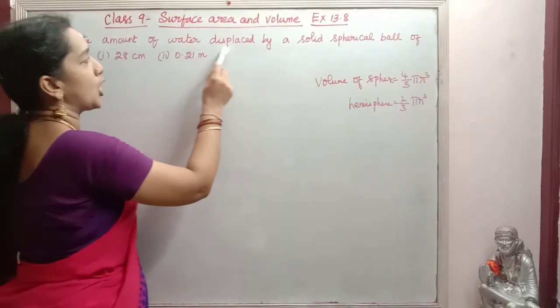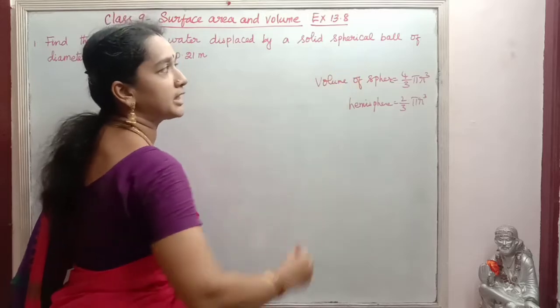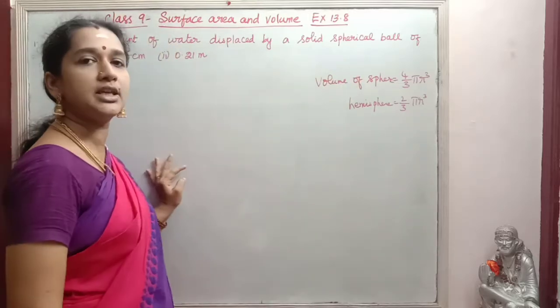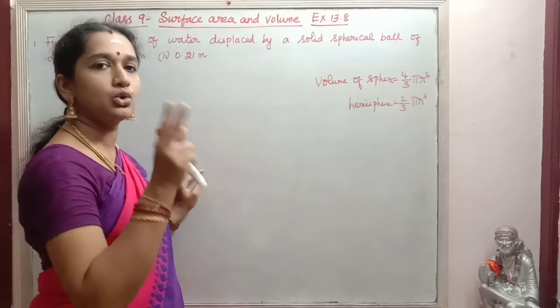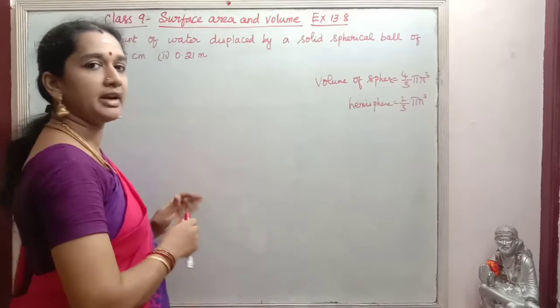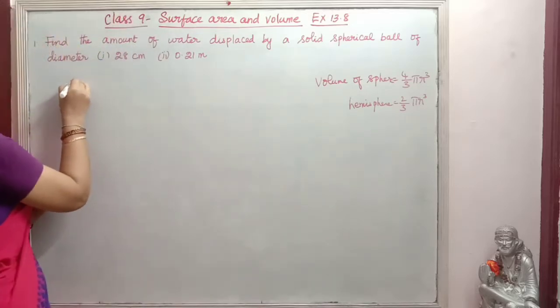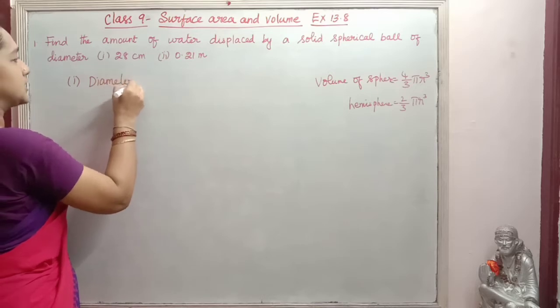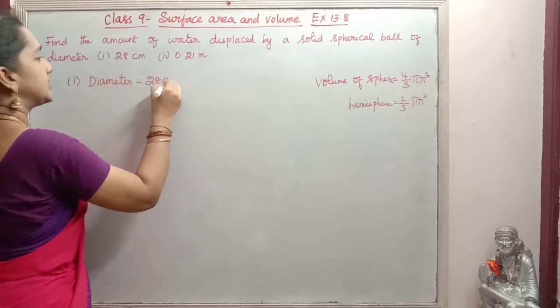Find the amount of water displaced by a solid spherical ball of diameter 28 cm and 0.21 meter. So two questions are given with diameter, but we need radius, so we will divide it by 2. First sum: diameter is equal to 28 cm.